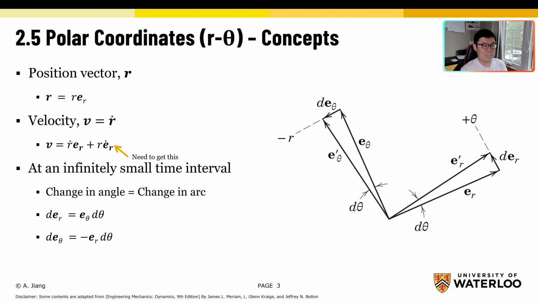This gives us der equals e theta d theta. And this is essentially the arc length equals the radius, which is the length of the unit vector, times the angle d theta. Since r and theta are perpendicular, when we are looking at the infinitely small time interval, the change in r direction is related to theta and vice versa. If you look at this diagram on the right-hand side, I make a right angle here.